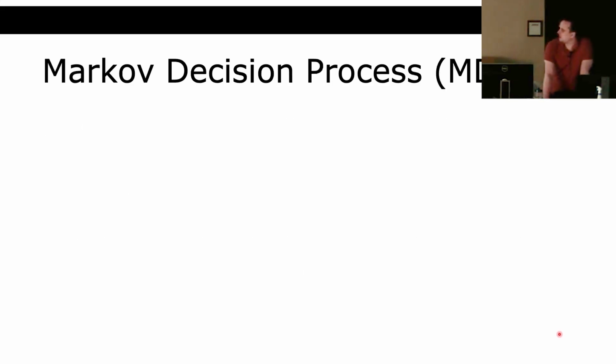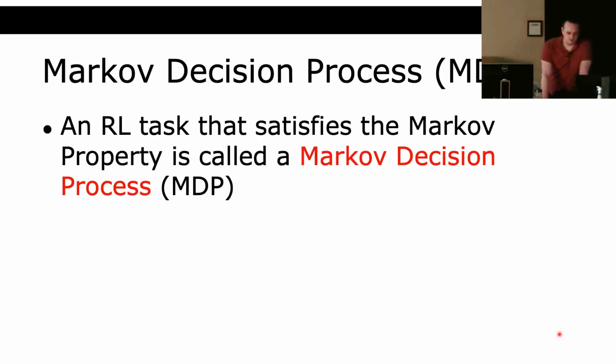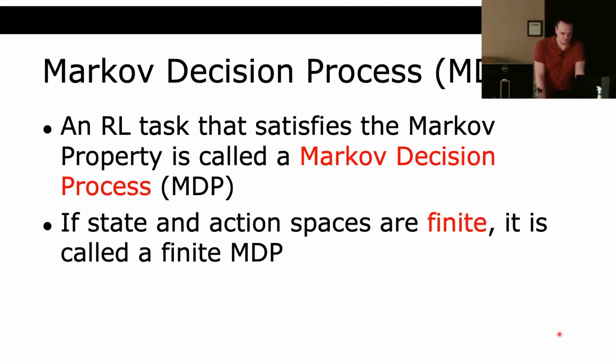So then the Markov decision process means that any RL task that satisfies the Markov property is called an MDP, or a Markov decision process. And if you have friends in engineering, this is a big thing in engineering, Markov decision processes as well.